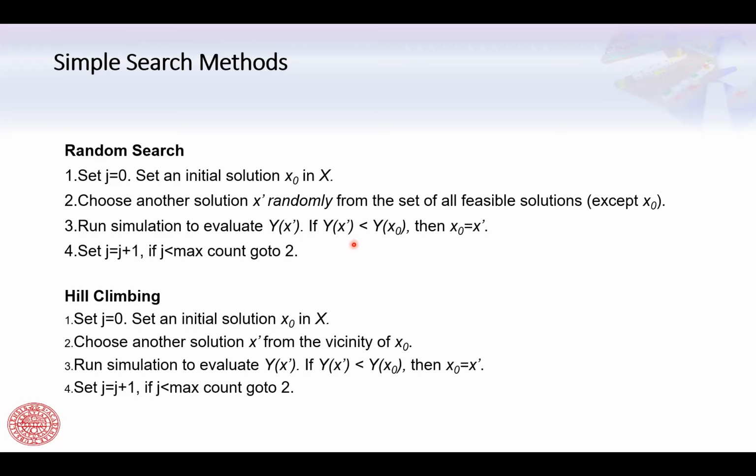And then if you find that the new y value is lower than the original one, where x0 is the original solution, then we simply replace the solution with x', the new solution that we found. Be careful that the comparison goes this way because we are doing minimization.